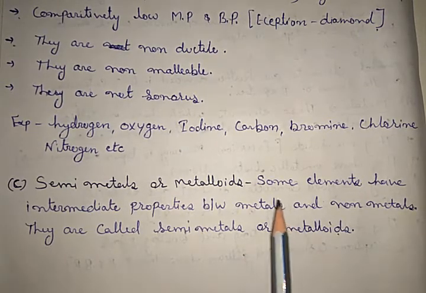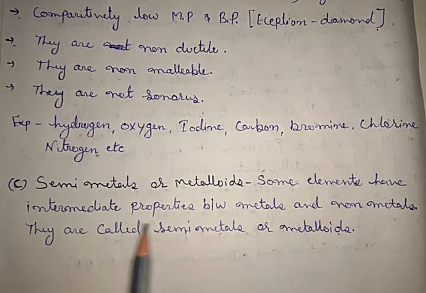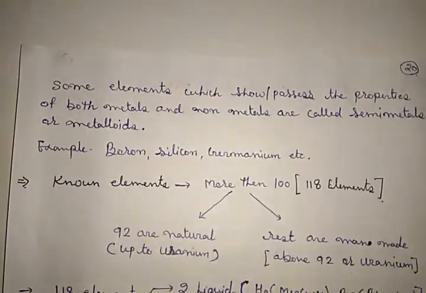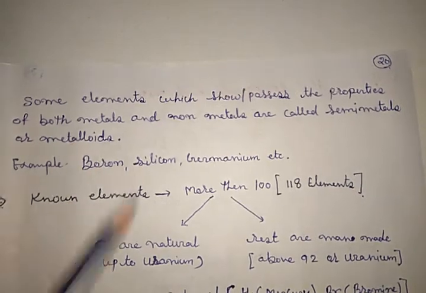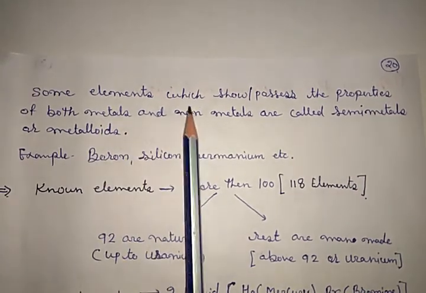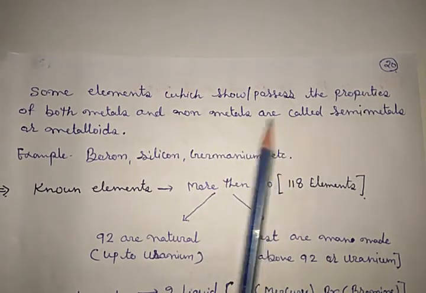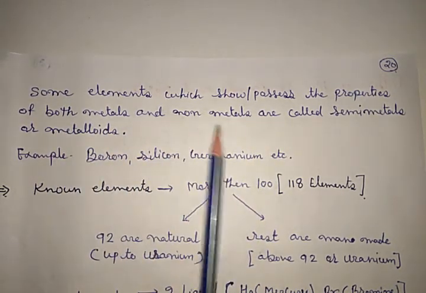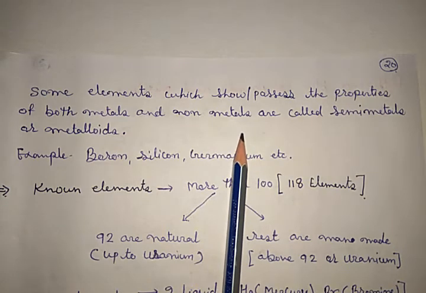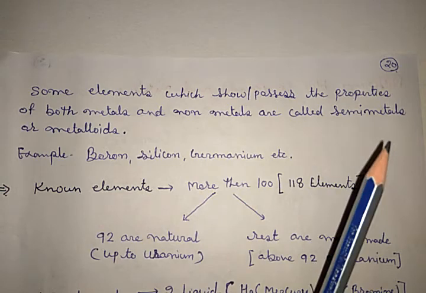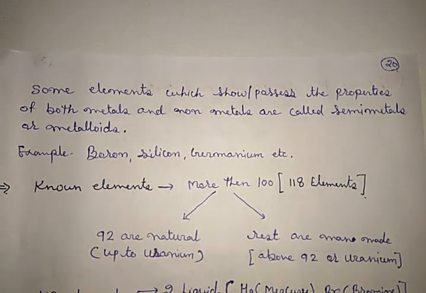Let me repeat it again. Some elements have intermediate properties between metals and non-metals. They are called semi-metals or metalloids. If we consider one more definition, then we can say that some elements which possess the properties of both metals and non-metals are called semi-metals or metalloids.